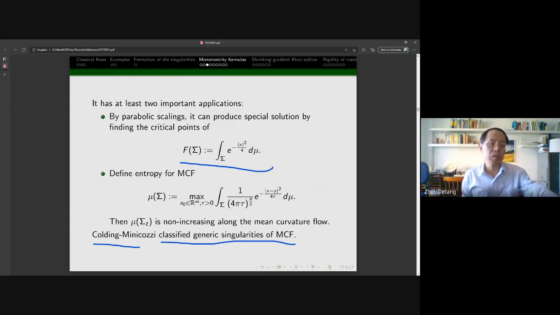The stability is related to the entropy. If the singularity is not stable, that means there is a direction you can deform it such that the entropy goes down, and if you continue the flow after the perturbation, then the flow will not come back to that singularity. So you can use this idea to remove the singularities along the mean curvature flow.